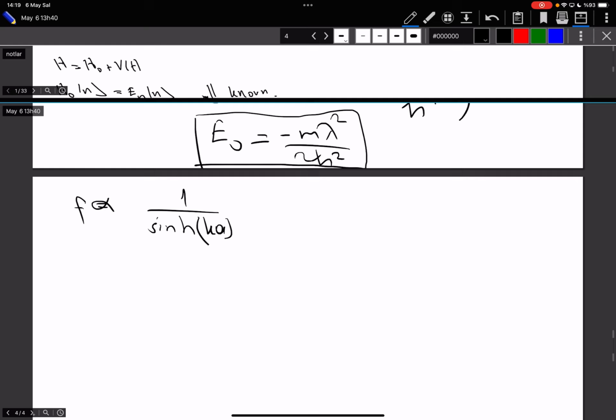If we make the same things, if you identify k with i times kappa, this sinh becomes an ordinary sine. So now, if you have such a scattering amplitude, you have infinitely many bound states. You see, this approach gives you all the bound states.